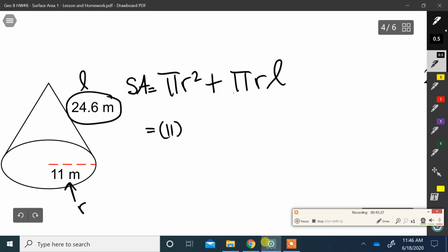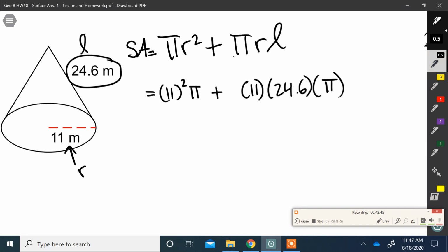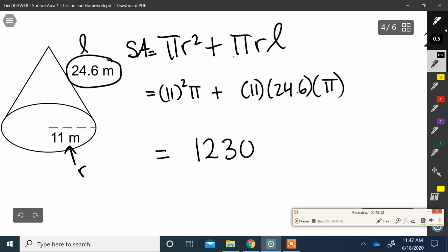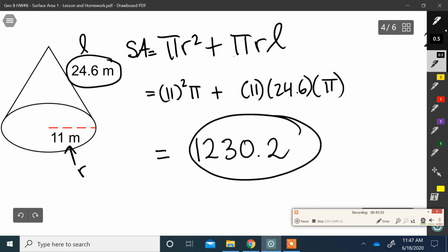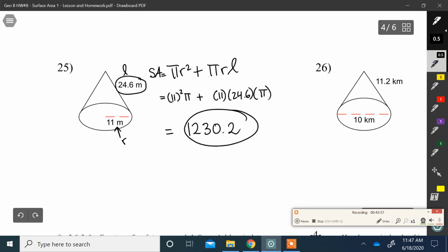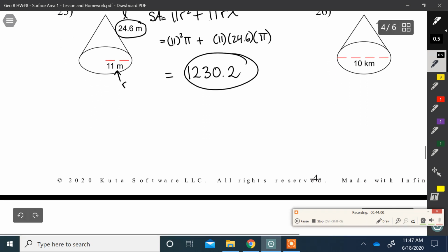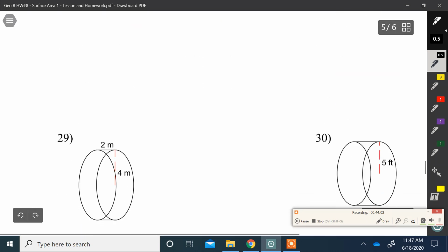So we have 11 squared pi plus pi times 11 times 24.6, with pi being 3.1415. You multiply all that out and you should get 1230.2. Pretty simple, guys. I think these ones are easy because we have a formula for each one of those.